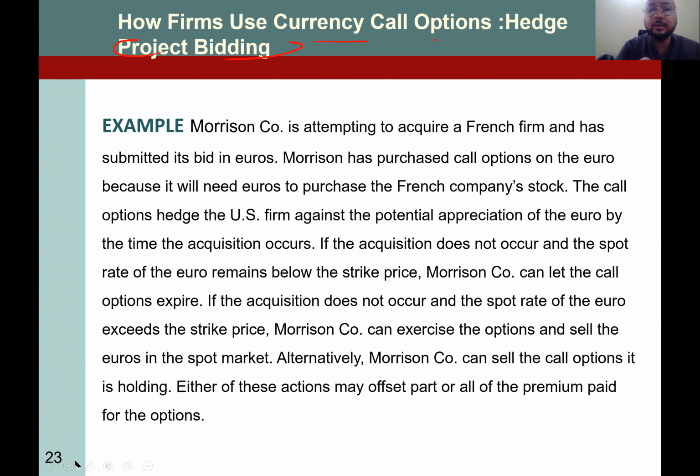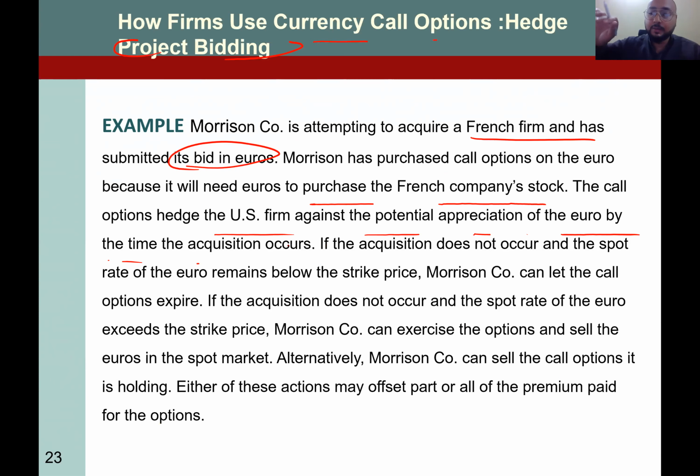So we have Morrison company, which is attempting to acquire a French company and has submitted a bid in euros. Morrison has purchased a call option on euro because it will need euro to purchase the French company stock. The call option hedges the US firm against potential appreciation of the euro, right?